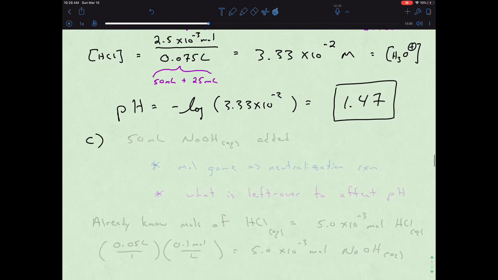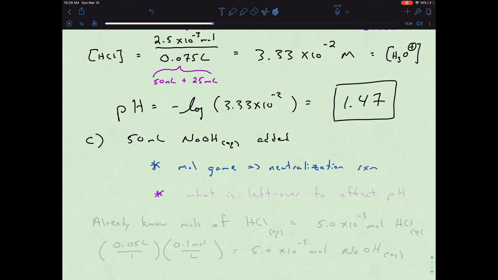Part C now looks at when 50 milliliters of sodium hydroxide is added. So again, it's just back to what we did in part B. You know, it's a mole game. It's a neutralization reaction.